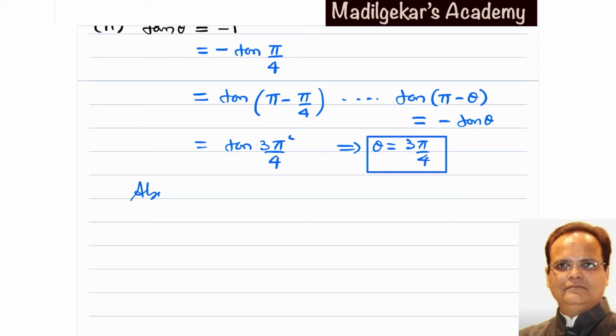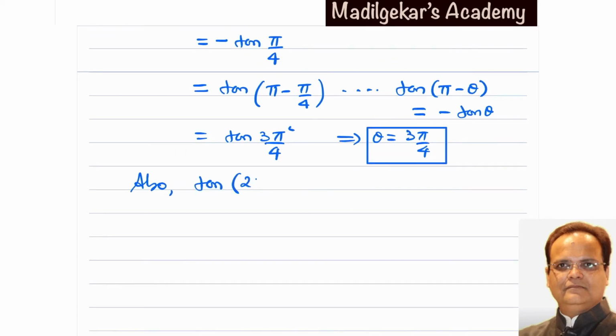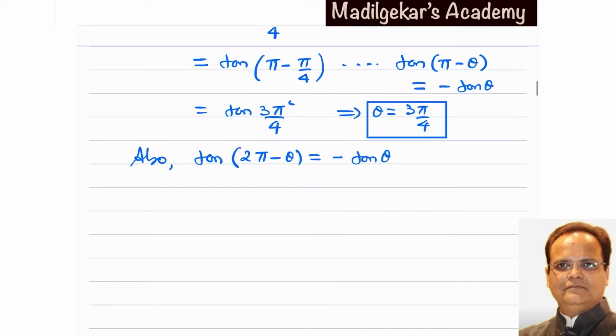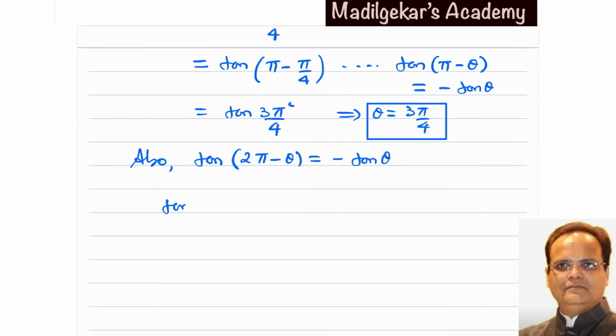Also we have tan of 2 pi minus theta equals minus tan theta. Put theta equals pi by 4, minus tan pi by 4.